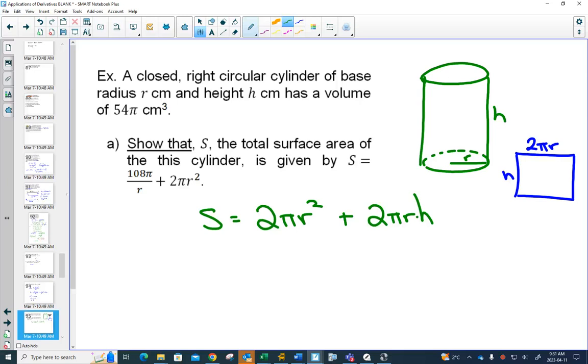And I always say, if you don't believe this, go home, go into your pantry, find a can of soup, take off the label, see if it's a rectangle, right? Because I want you to be critical thinkers, okay? So critical thinkers would say, just the fact that I took paper off of this cylinder, does it work for all cylinders, or is it just unique to this one that it makes a rectangle?